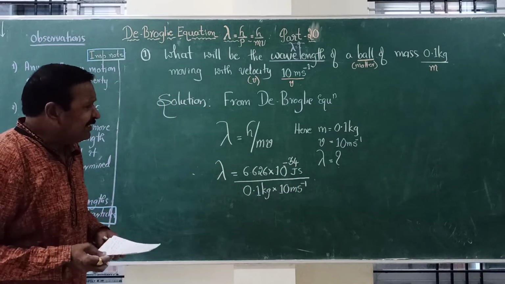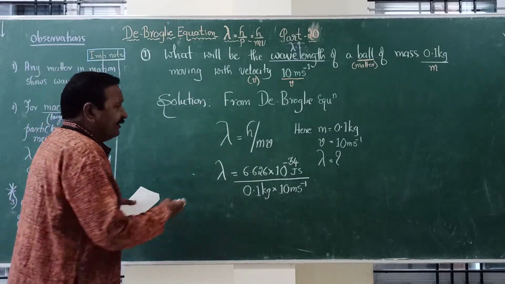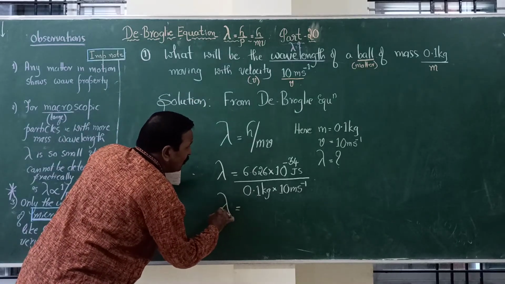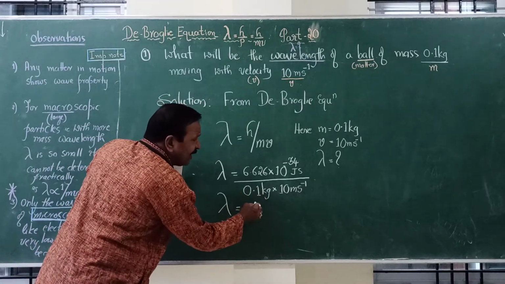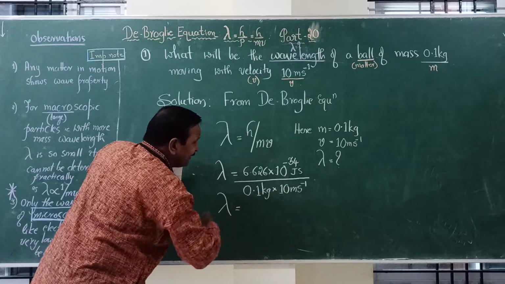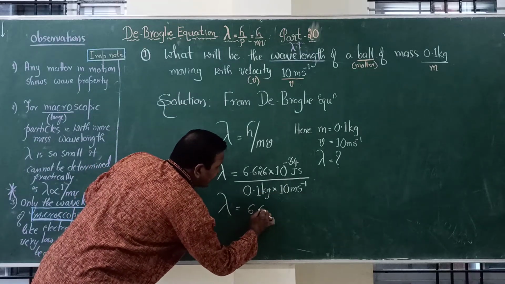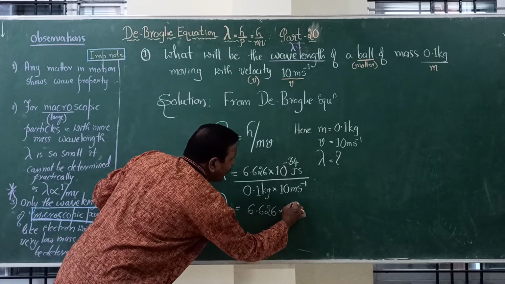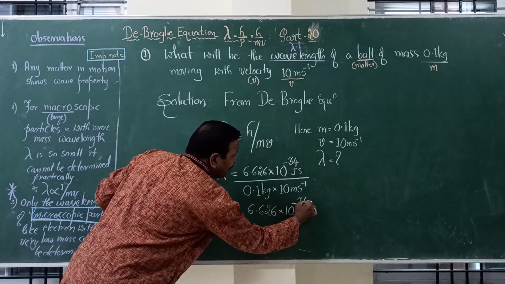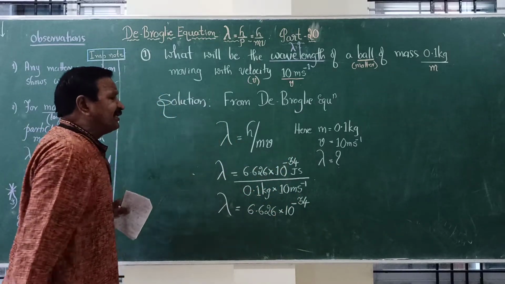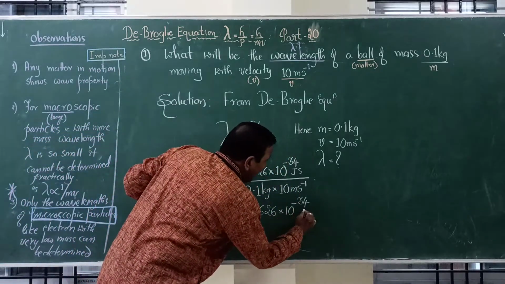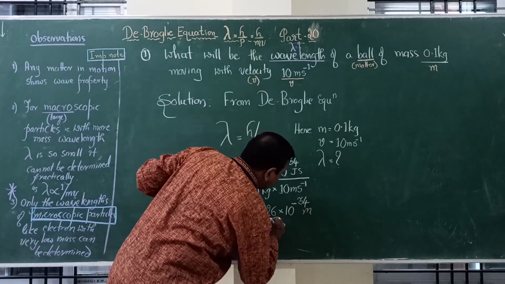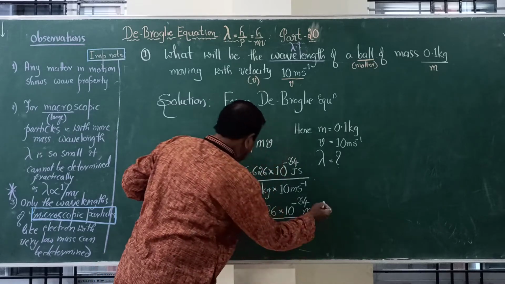So it is such an easy problem. The value will be lambda equal to, 0.1 means 1 upon 10, the 10s cancel each other, and we get 6.626 into 10 to the power of minus 34. Now the unit will change, it will be meter, because wavelength is always in meter.